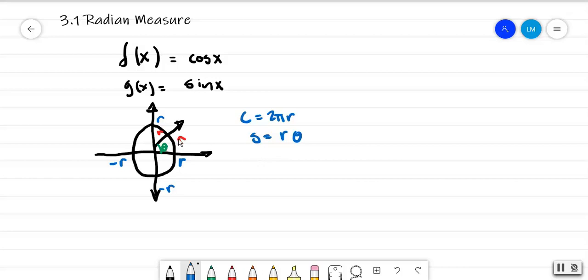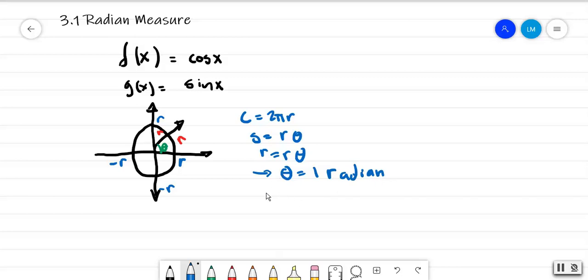Since I said that r is equal to the arc length, in that case this gives us r equals r times theta. But what does this do to us? It gives us theta equals 1. In this case, we have to be a bit more specific, where we say that this is what we call 1 radian measure.